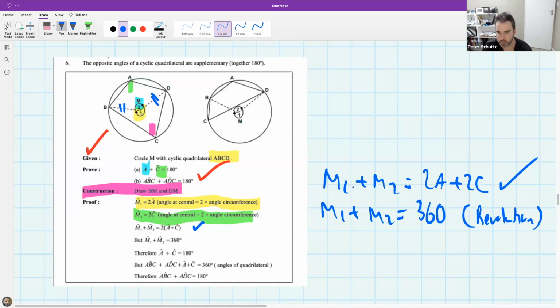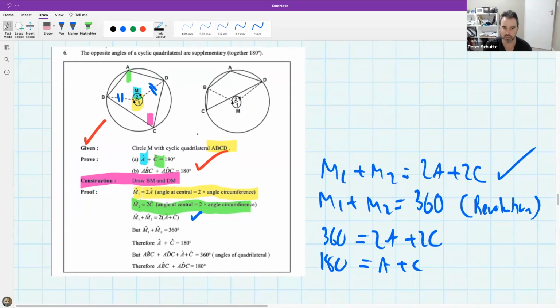Okay, but now if M1 plus M2 is 360 and 2A plus 2C is equal to M1 plus M2, we can then say that 360 equals 2A plus 2C. And if we divide everything by 2, we notice that A plus C will be equal to 180 degrees.